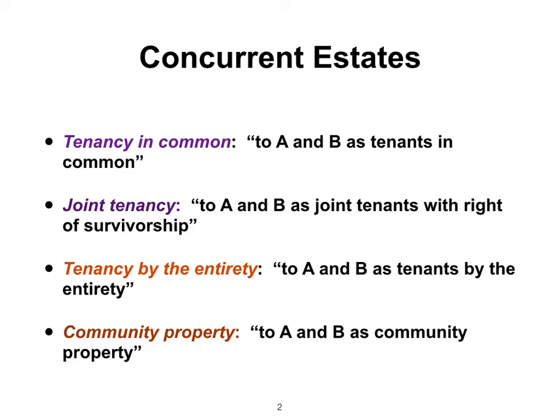With a joint tenancy, it is alienable because the joint tenant can sell their interest, but they don't have the ability to devise the property, and it's not descendable, so they can't will it to somebody else, or if they were to die intestate, it wouldn't go to somebody else because it always goes to the other co-tenant upon death. So that's what the right of survivorship means.